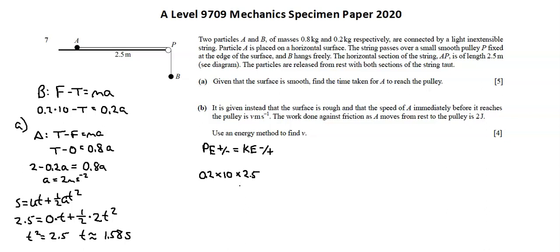That's the same distance that A will move horizontally to reach P, which is equal to the gain in kinetic energy for both particles combined, 1/2 times the masses added, 0.8 plus 0.2, times velocity squared, plus the given work against friction of 2 joules.